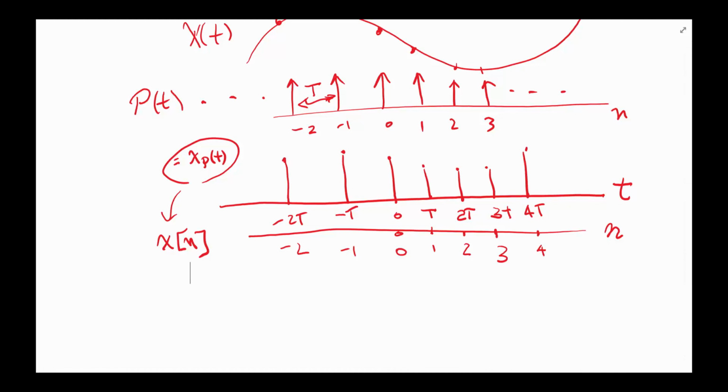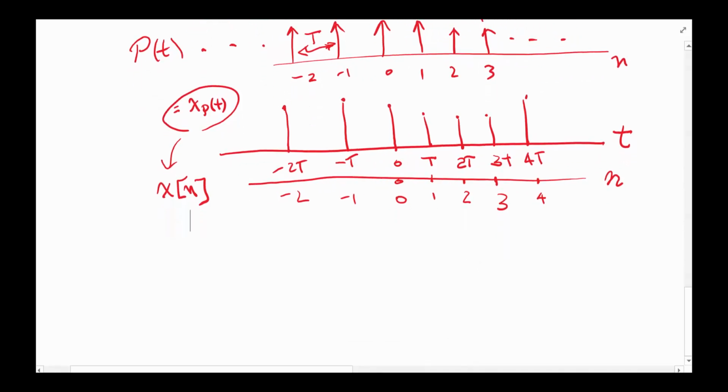All right. So let's put a bit of mathematics behind it. I think we have it, but just to be on the safe side. What we did, we basically took the x of t, our original signal we wanted to sample. We ran it through a multiplier. We multiplied by this p of t.